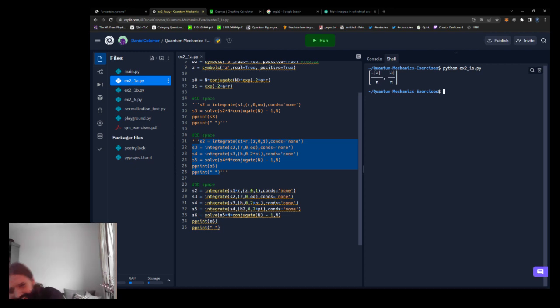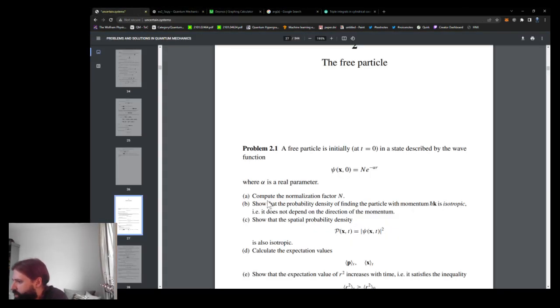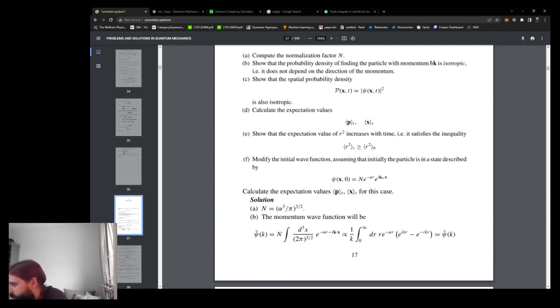Divided by pi. A divided by pi. The solution is indeed an a divided by pi, but it's a to the power of 3 divided by pi, and then it's the square.